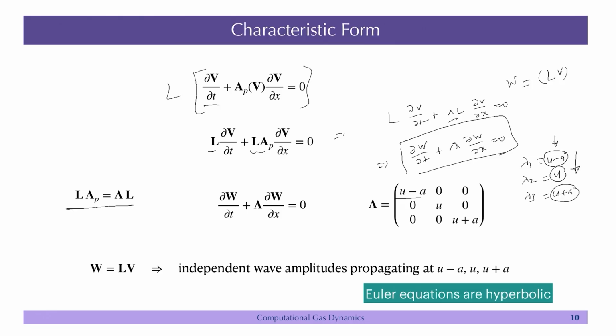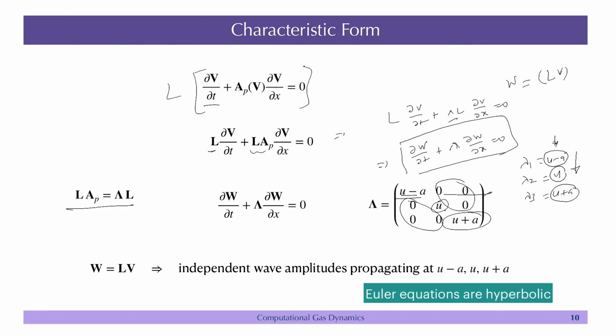Now, if you look at this lambda, it is a matrix in which all the off diagonal terms are 0, right. That means this system is decoupled, because when you are looking at the top equation, only this one will work, the middle one only this one, and the bottom one is this one, right.